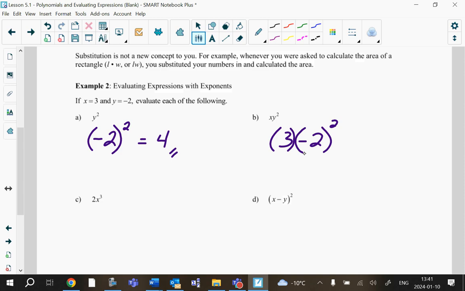Because what do I do first? Do I do 3 times -2, or do I do -2 squared? -2 squared, and you got to multiply that answer by 3. So what's -2 all squared? 4, and 3 times 4, 12.